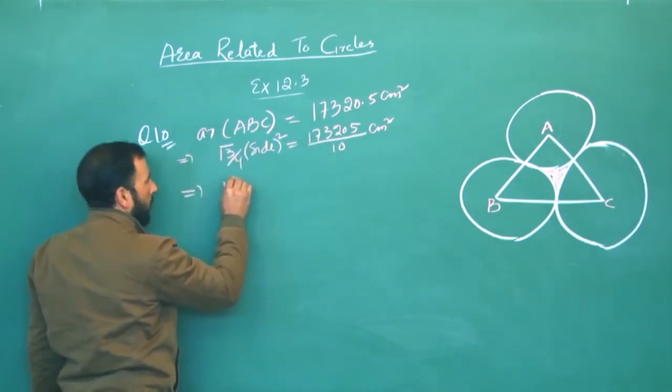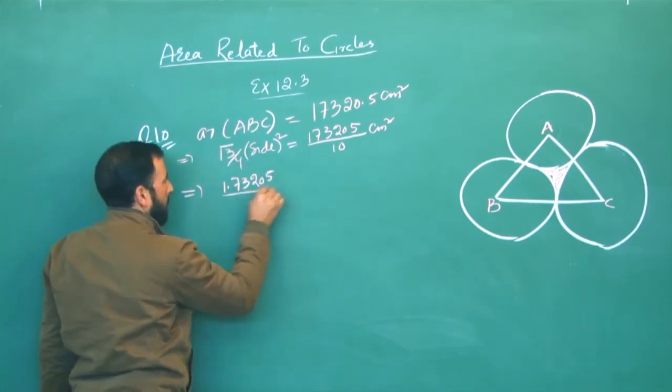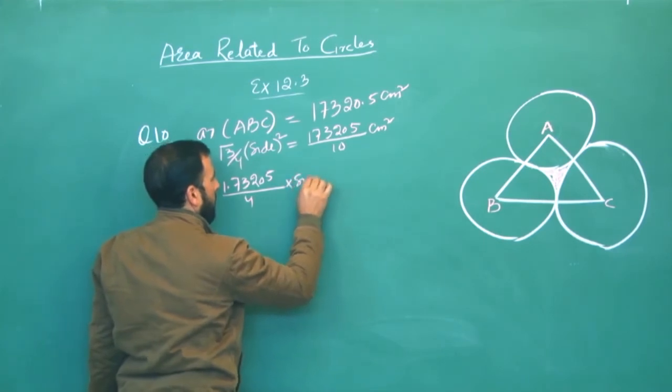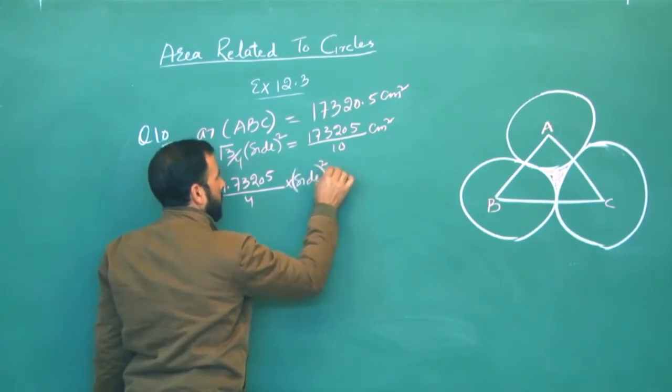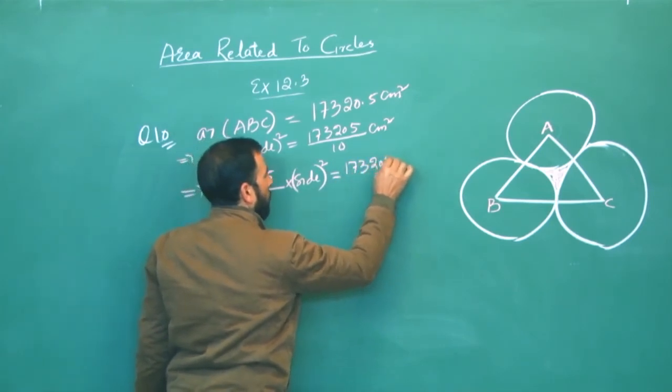So 1.73205 divided by 4 into side square is equivalent to 17320.5.